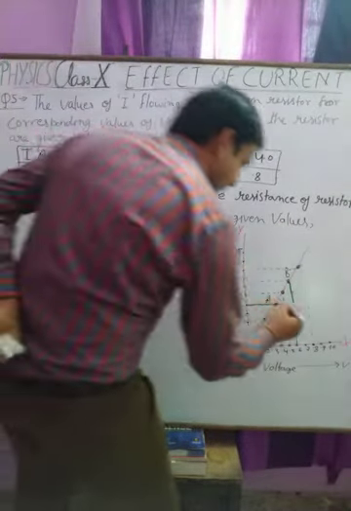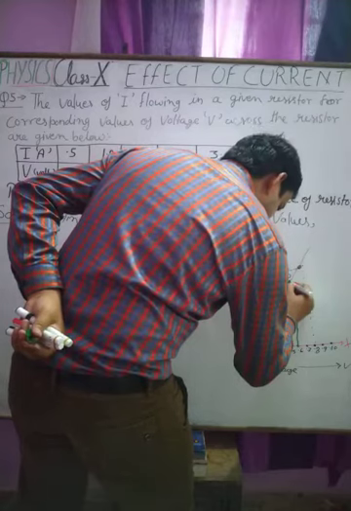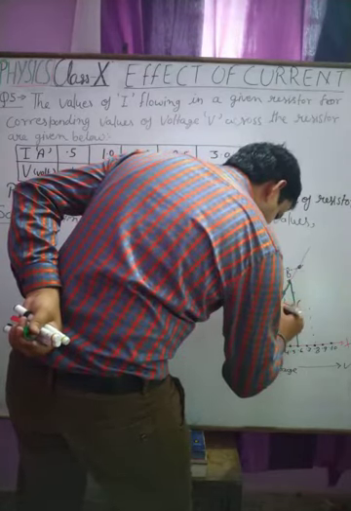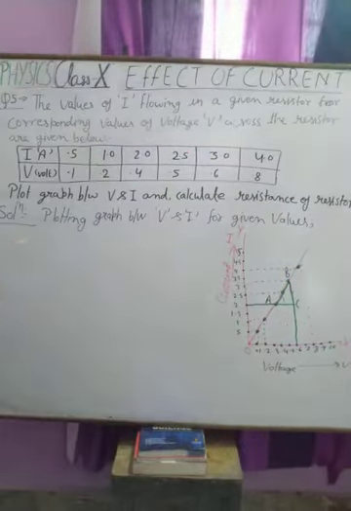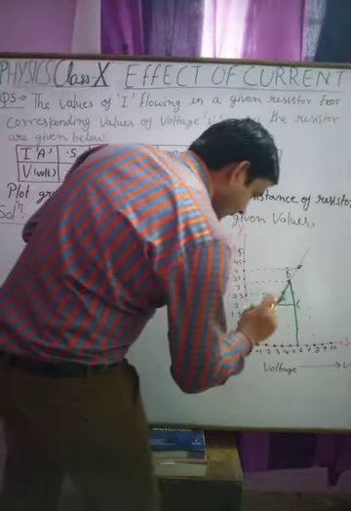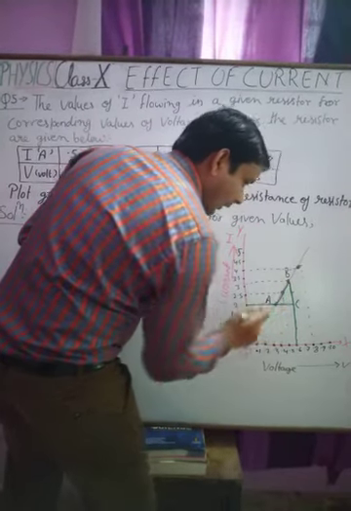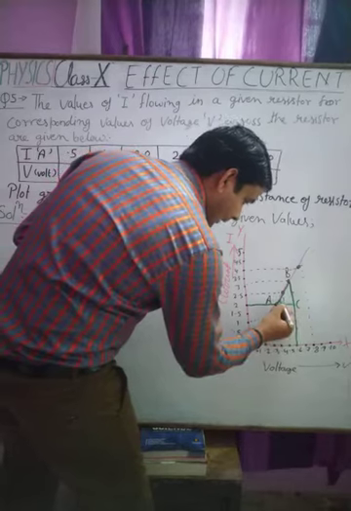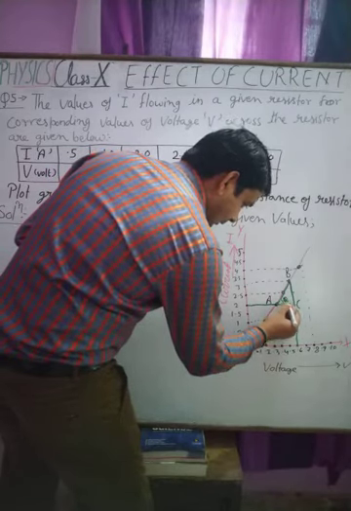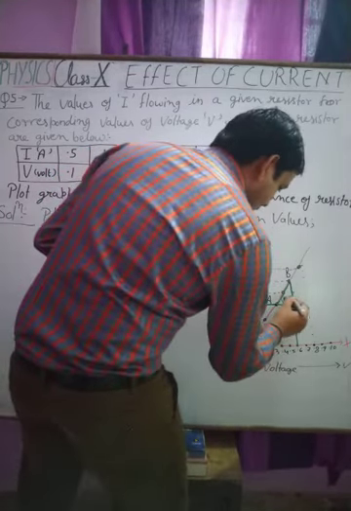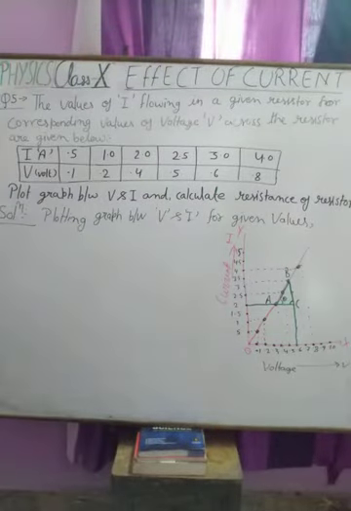Therefore, we have a triangle ABC in which the line AB is inclined at an angle theta and this one is at 90 degrees. Okay, student?